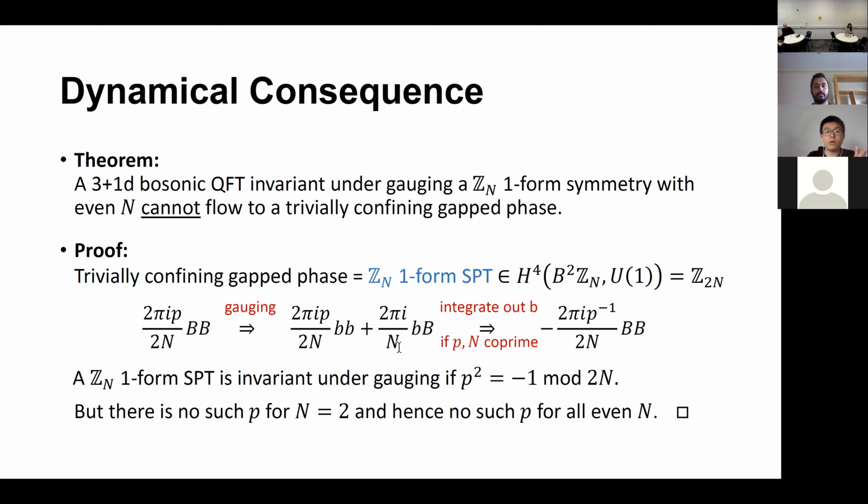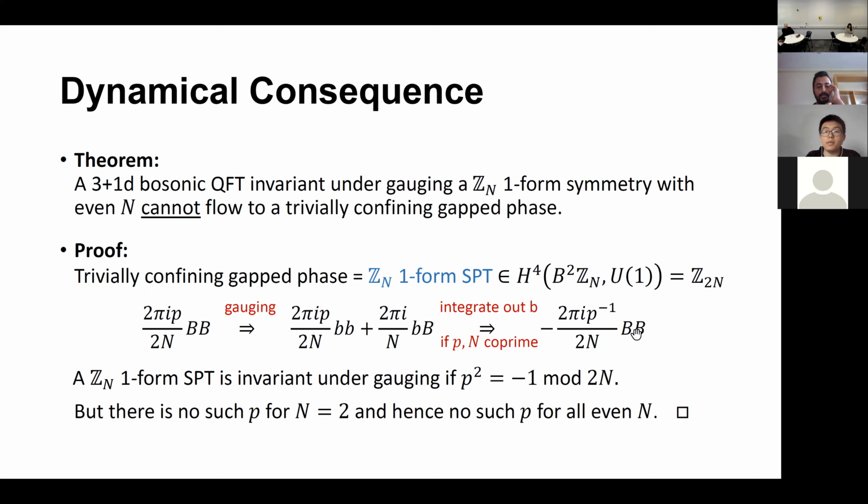For the theory to be invariant under gauging, we want that after gauging the SPT, we also obtain an invertible field theory. We don't want it to be a non-invertible TQFT. Specifically, that means that we want p and n to be coprime.